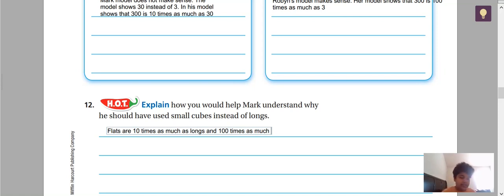Fill in the sentence. Flats are 10 times as much as longs and 100 times as much as... You are right. You're correct. As much as small cubes.